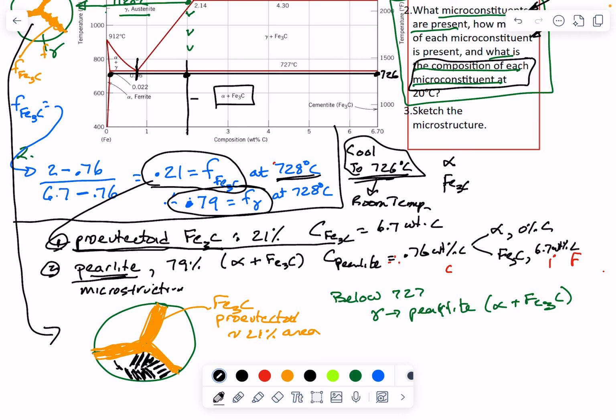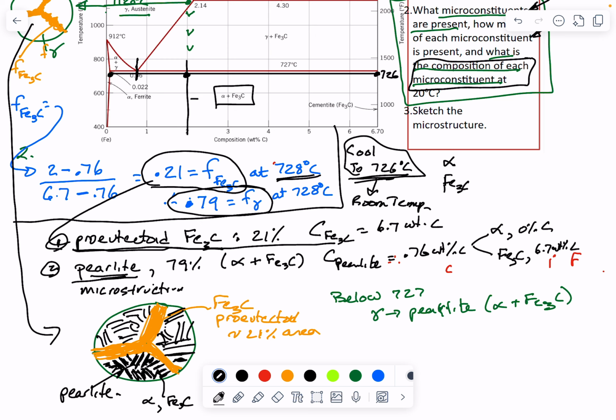So I'm trying to draw pearlite. You can see I'm not a very good artist here, but the point is this stuff is a mixture of alpha and Fe3C. One of them is white and one of them is black. And so, you would continue to fill up your space. On an exam, you're going to be doing something like this, like kind of quickly cross-hatching it. And so we call that pearlite.